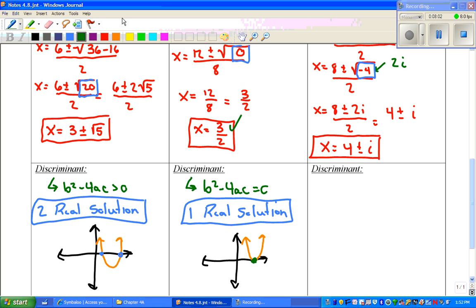The last thing we have for my discriminant is that b squared minus 4ac is going to be less than 0. As we see, we get a negative number here, and we came up with two imaginary solutions.